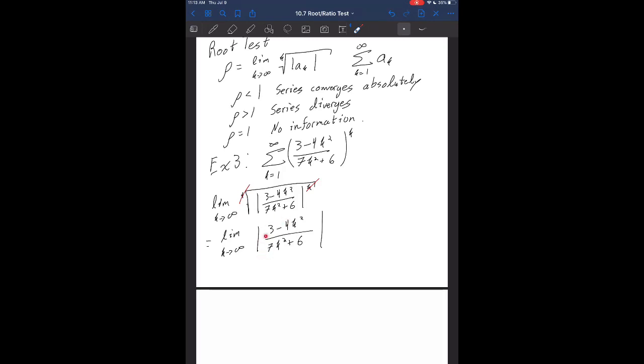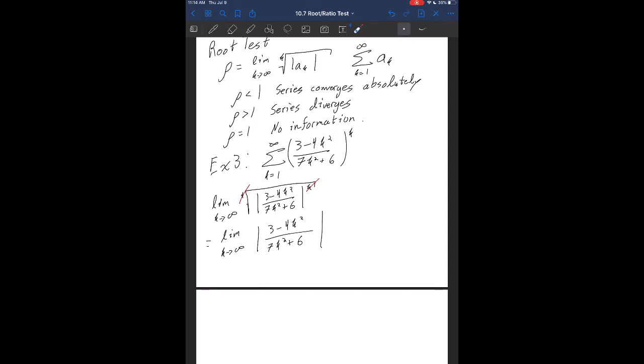Now, in this case, we would like to get rid of this absolute value so we can use our rational function technique. We're kind of expecting a 4/7 here because we have a -4 and a 7. We note that for k big enough, this -4k squared is certainly going to overpower the 3 here.